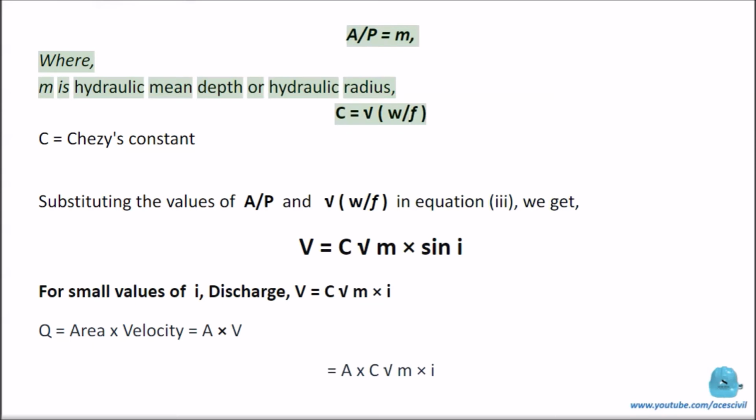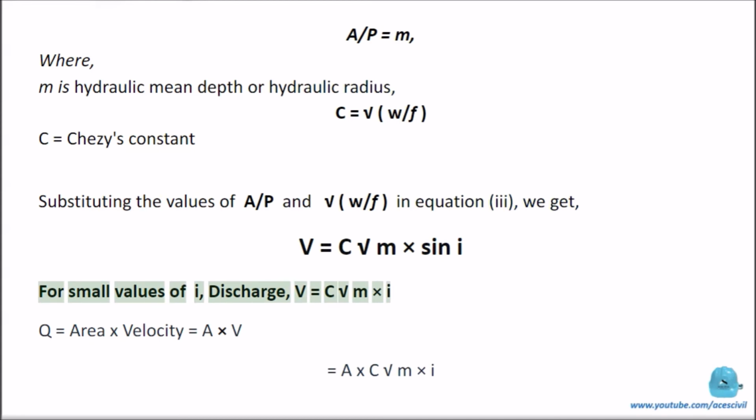A/P equals m, where m is hydraulic mean depth or hydraulic radius. C equals square root of w/f. C equals Chezy's constant. Substituting the values of A/P and w/f in equation 3, we get V equals C times square root of m times sin i.